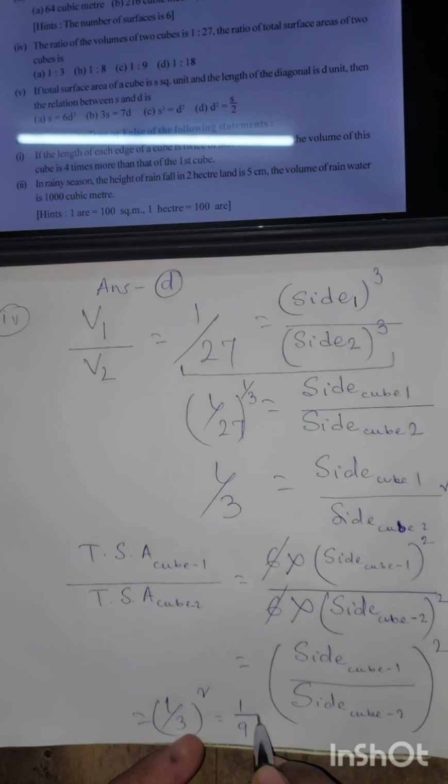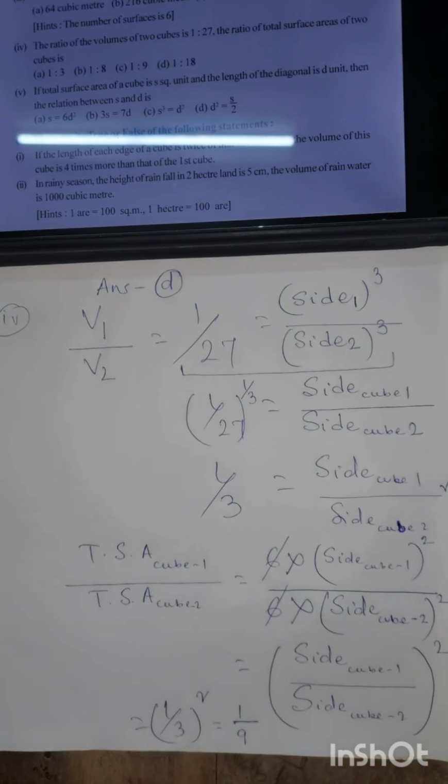So this should be our answer. The ratio of total surface area of cube 1 by total surface area of cube 2 should be 1 by 9. So option C is correct.